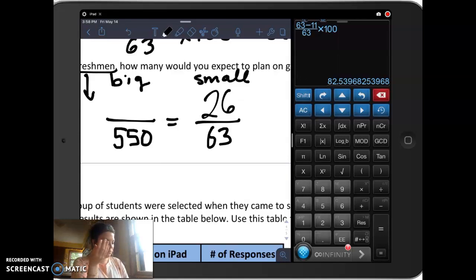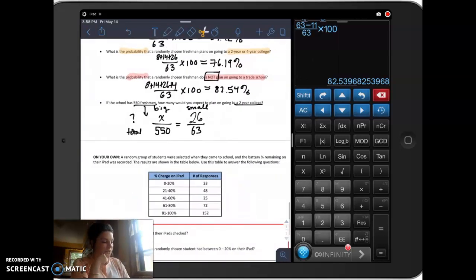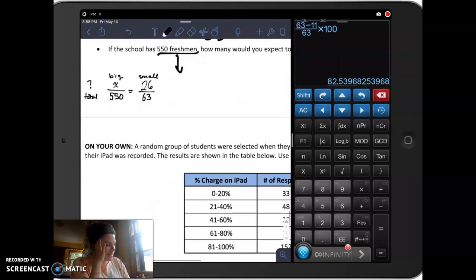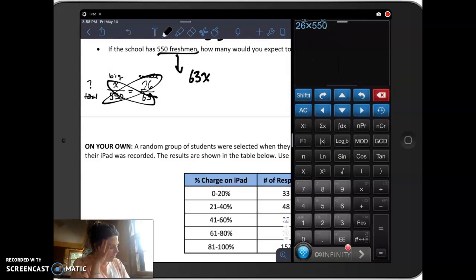And then essentially what we're doing is solving for x, just like we did earlier in the school year. And so we can solve a proportion. Another way to do this, which is essentially the same as solving a proportion, is we would multiply these two, 63x, multiply these two, 26 times 550, we get 14,300.